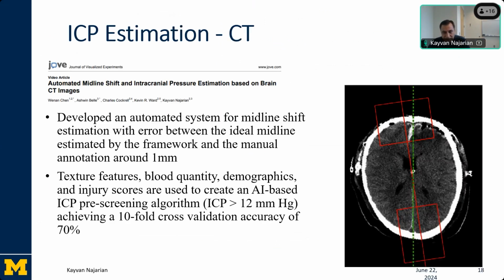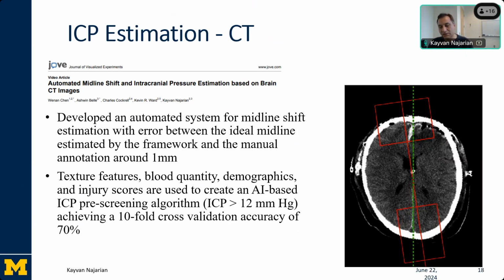We started with the CT and looked at deformations caused by injury to quantify that and relate it to ICP. For instance, we calculated midline shift: we identified the ventricles, their location, and the shifting of ventricles because of the injury, and we estimate the midline shift quantitatively with very high accuracy.